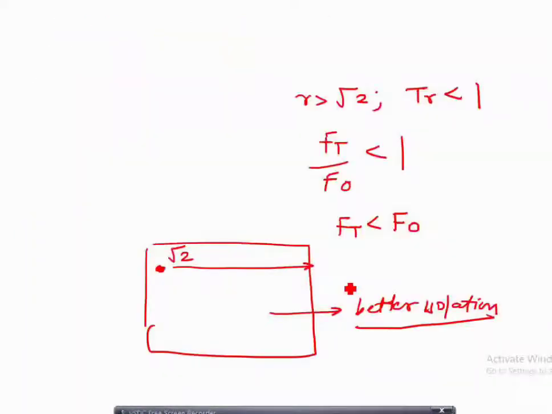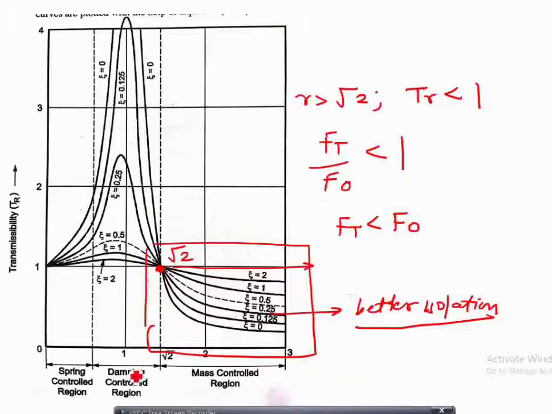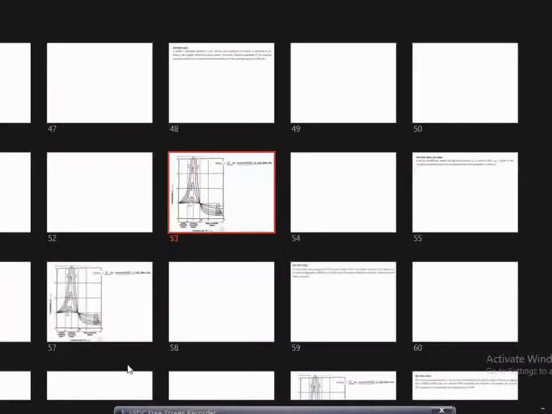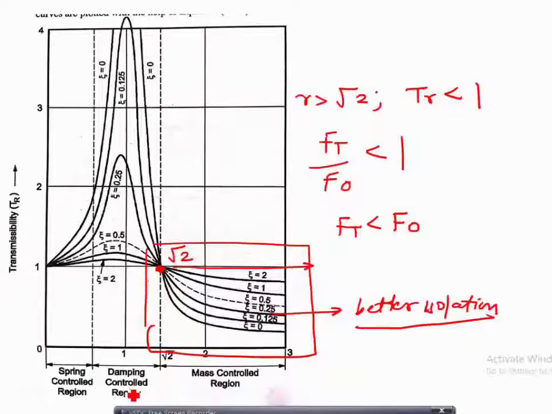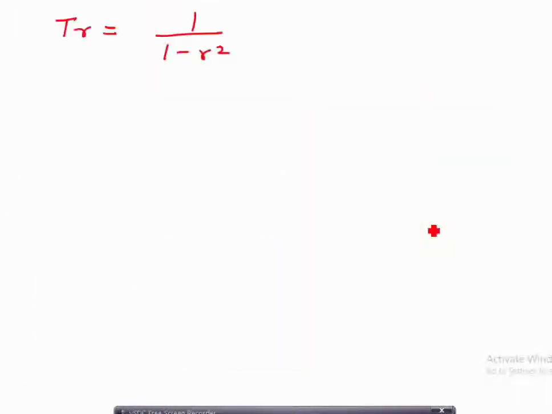Now again, I have already explained in this particular graph that when r is greater than root 2, your transmissibility is less than 1, which means your Ft is less than F0, right? So again same here. Since your r is greater than root 2, this formula you have to modify as 1 upon r square minus 1, because r is greater than root 2 as well as greater than 1. Okay.